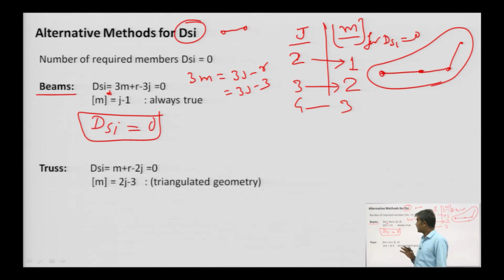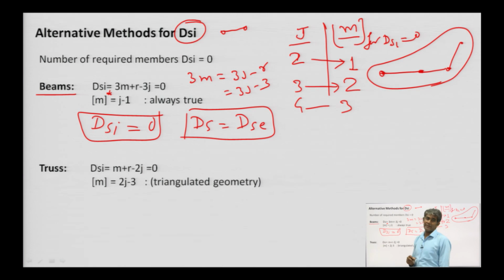Therefore, in case of beam we need to calculate only DSE, because total DS is equal to DSE in case of beam.